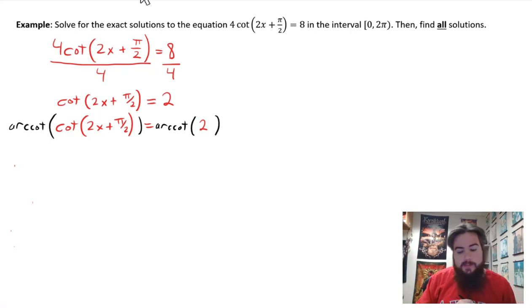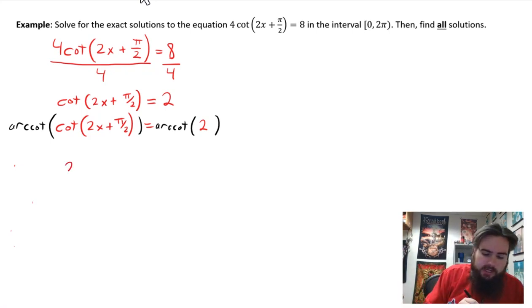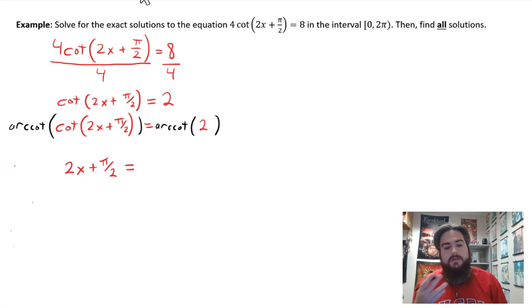Now, because I'm applying an inverse trig function there, arccotangent, the first thing I'm going to do is come up with the full infinite solution set based on arccotangent. So this will look like 2x plus pi halves is equal to the infinite solution set for arccotangent.